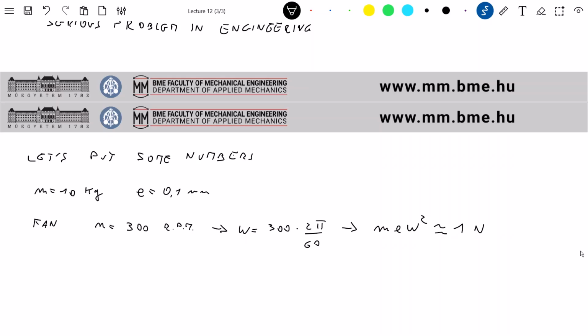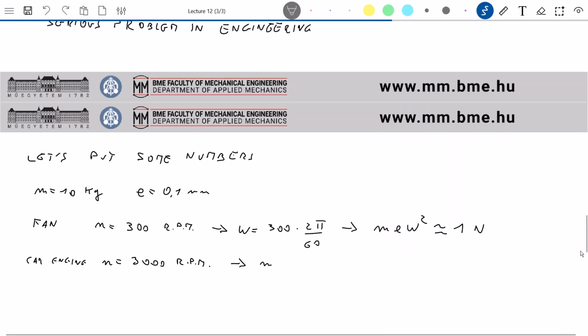No problem. Let's see if we have a car engine, where we can easily have n equal to 3000 rounds per minute. Same value of the mass, same eccentricity, so the eccentricity is still very small, and 10 kilograms is not a big mass.